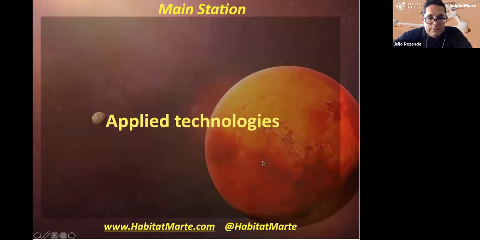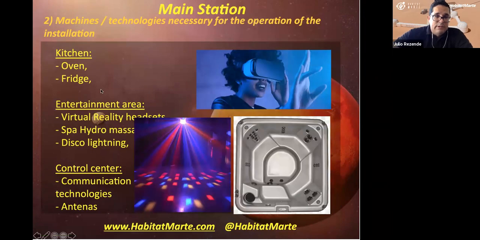Okay, all the concepts of the research room. Now I'm going to the second topic of the main station. We are imagining some equipment aboard, like in the kitchen, the oven and fridge. In the entertainment area, the virtual reality headsets.